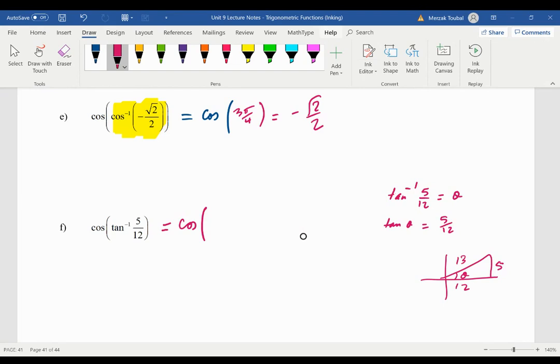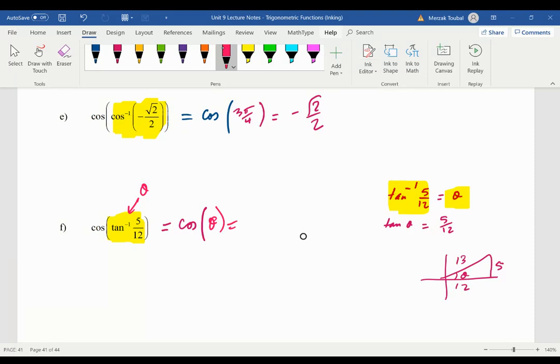Yeah, 13. Okay, now we're saying that tangent inverse of 5 over 12 is theta. That means this angle here is theta. So we put theta here. What is cosine of theta? Well, look at the triangle.